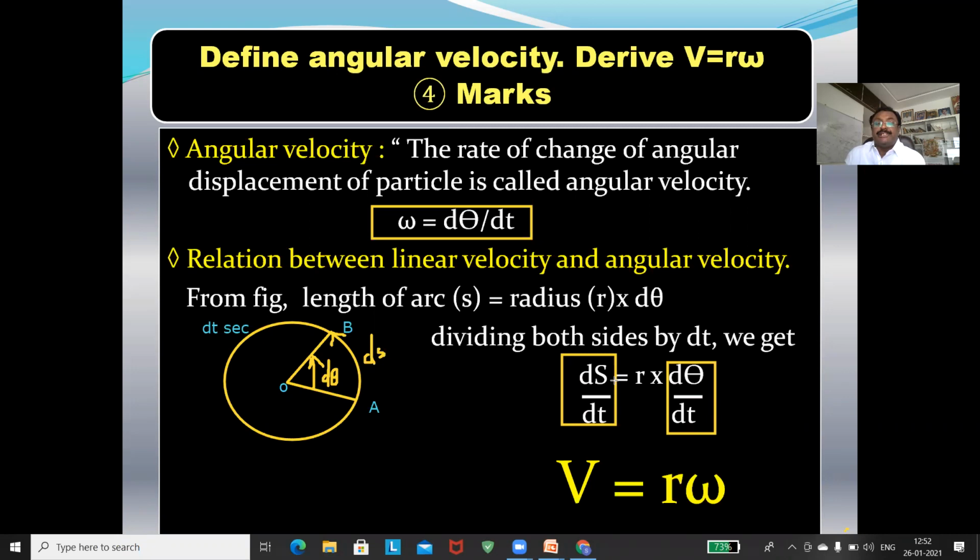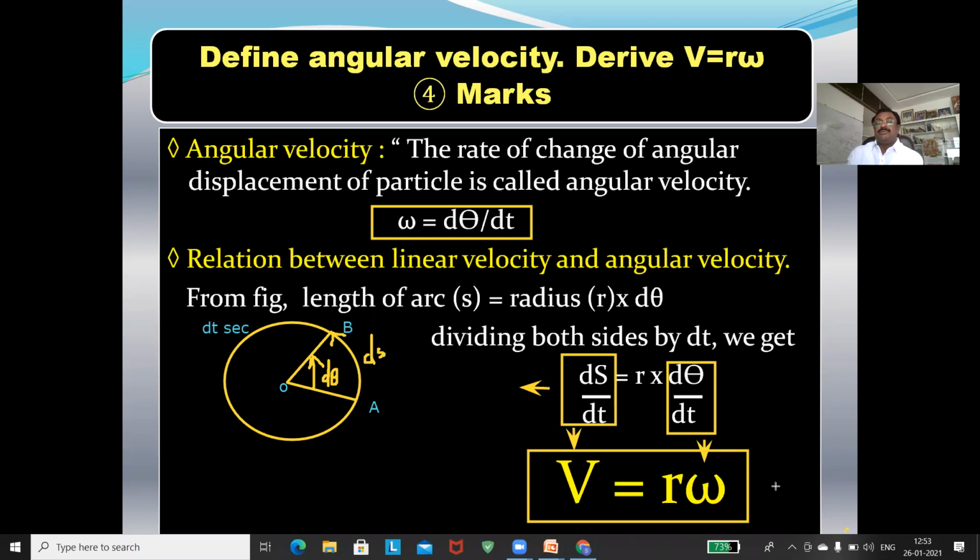So instead of ds by dt, we take v, and instead of d theta by dt, we take omega. Now it becomes v is equal to r omega. The relation between angular velocity and linear velocity is v is equal to r omega.